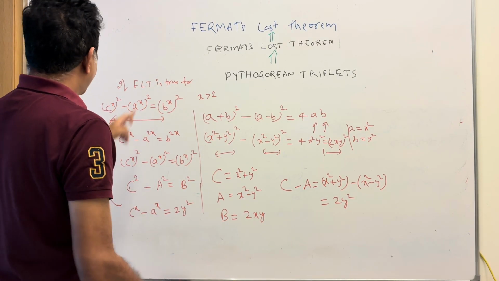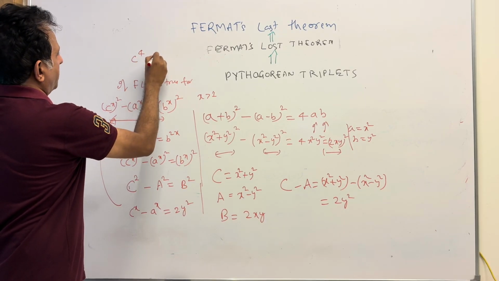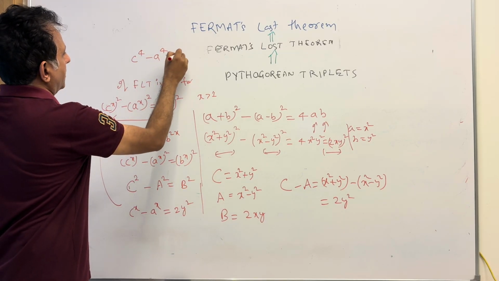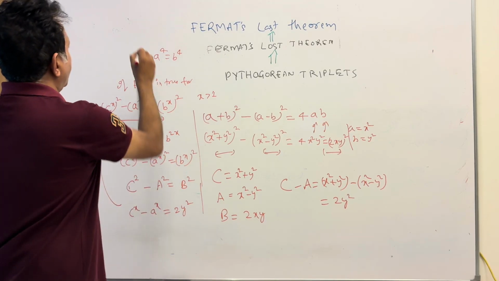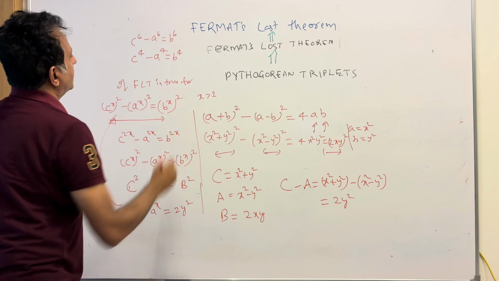Then we can see, okay, FLT, we can find, let us take c power 4 minus a power 4 is equal to b power 4. We can find this. Or c power 6 minus a power 6 equal to b power 6.